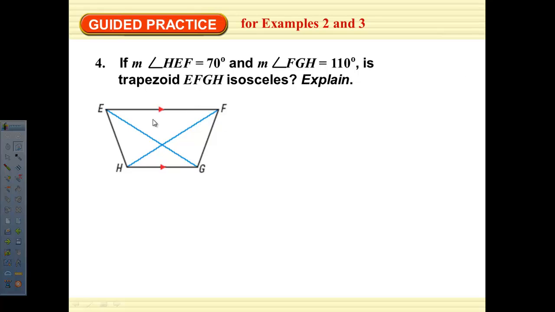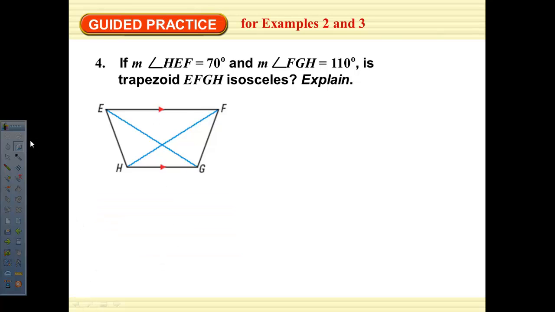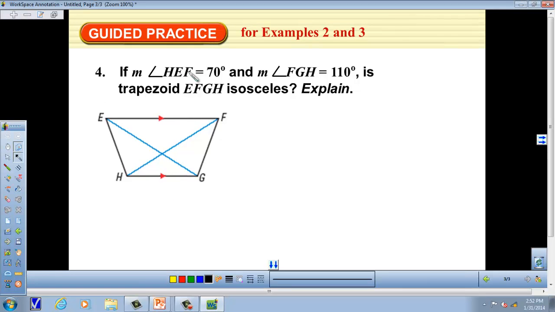Here's another one. Sorry, let me go back. It's telling us that angle HEF is 70, so this angle right here is 70, and FGH is 110. Well, if FGH is 110, then we know that these two angles, EFG and FGH, are consecutive interior angles.